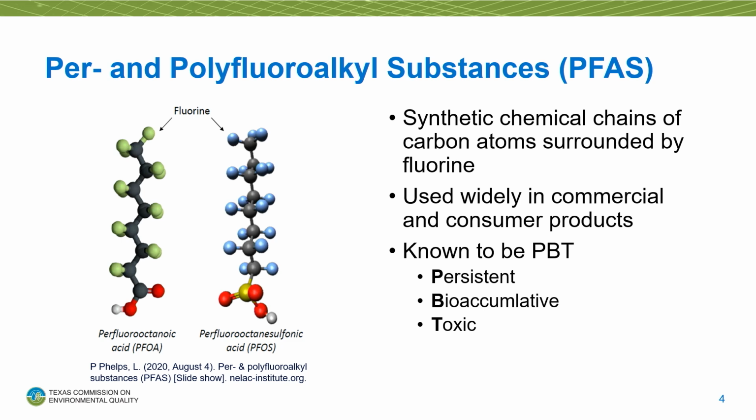And it can be toxic. Existing data indicates that some PFAS are toxic at extremely low levels. To put that in perspective, when we talk about the rule, we're going to talk about it in parts per trillion, while other contaminants you're familiar with, like arsenic, fluoride, and nitrate, are regulated in parts per million.